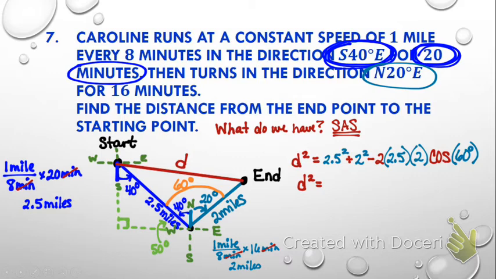All right, so I square the 2.5. That'd be 6.25 plus 4 minus, let's see, 2 times 2.5, that's 5 times 2, so that's 10 times the cosine of 60. Do I actually need my calculator for this? Cosine 60 is what? 1/2.